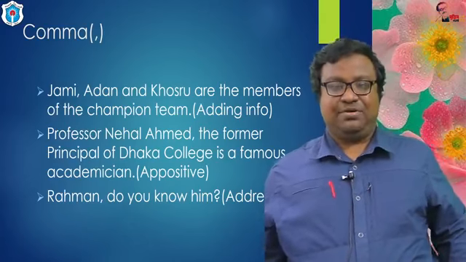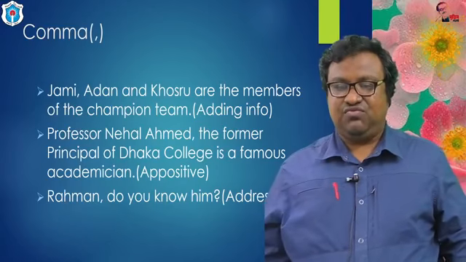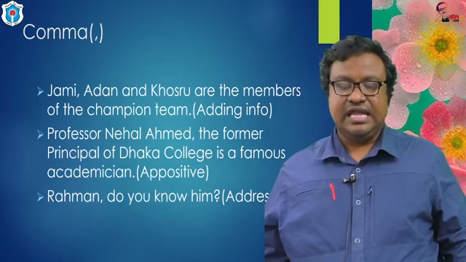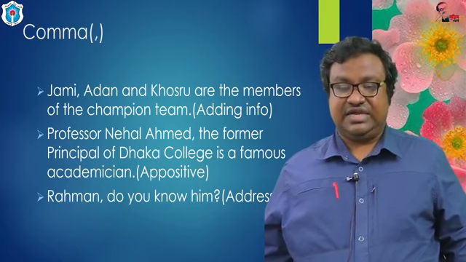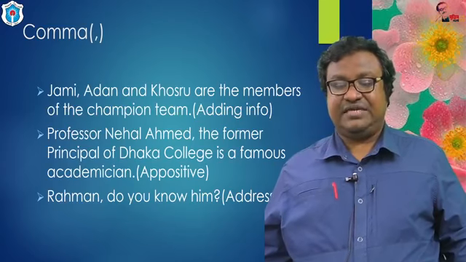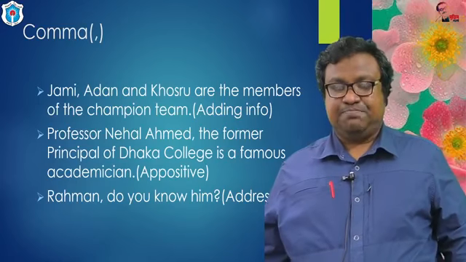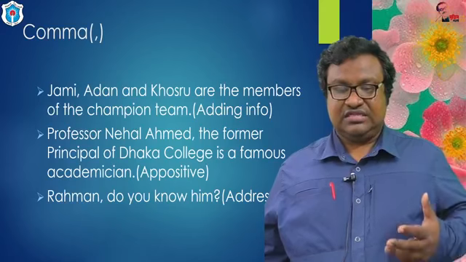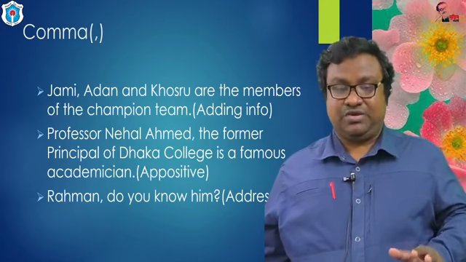Now in case of appositives, what are appositives? Appositives are particular noun phrases which modify another noun. Like: Professor Nihal Ahmed, the former principal of Dhaka College, is a very famous academician. Professor Nihal Ahmed, the proper noun phrase, which is the name of our honorable former principal sir, is followed by a comma.